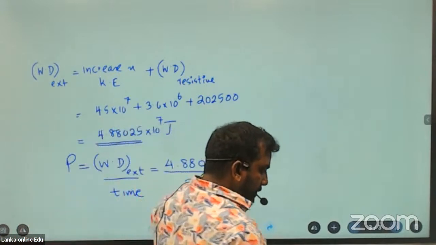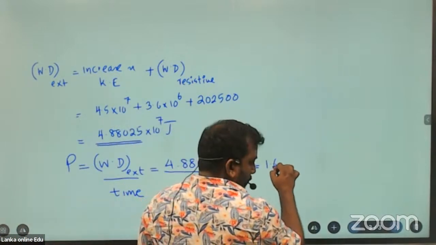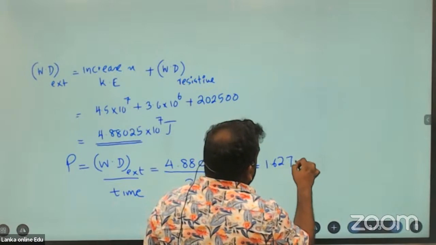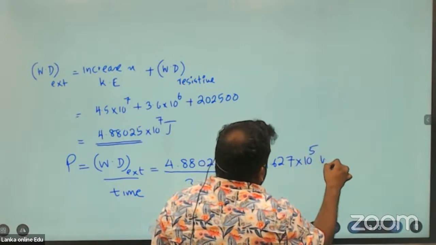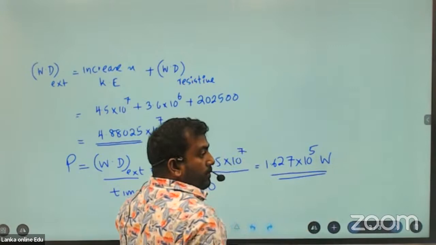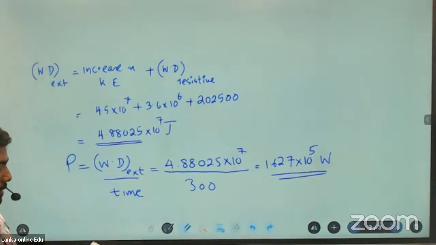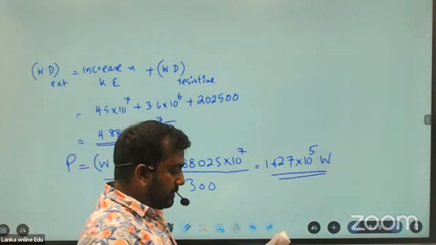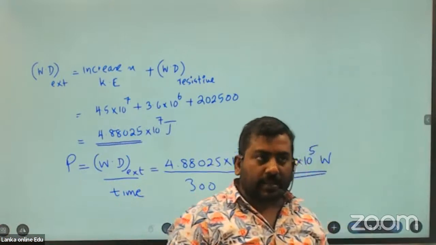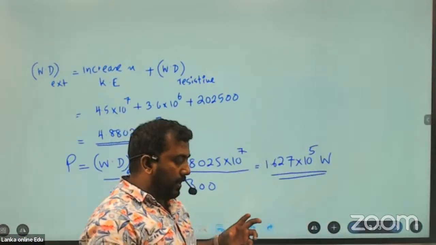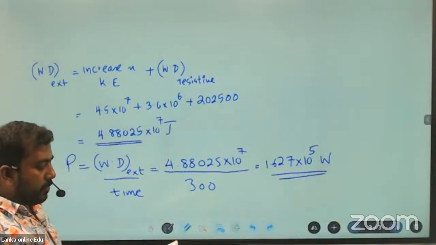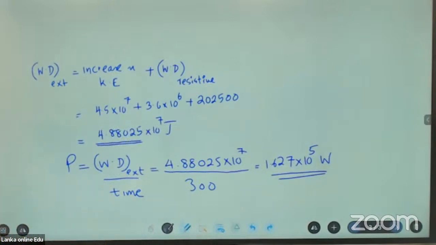If you divide it, 1.627 10 to the power 5 watt. There you go. Once you find the total work done by external force, work done by external force divided by time will give you the required power.